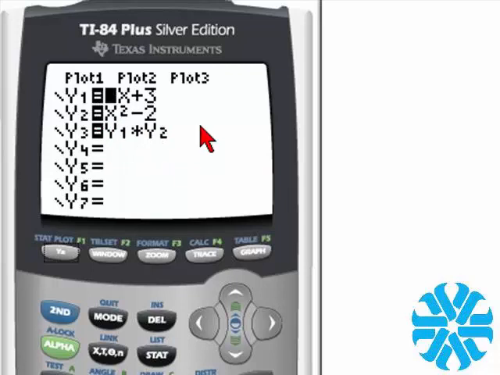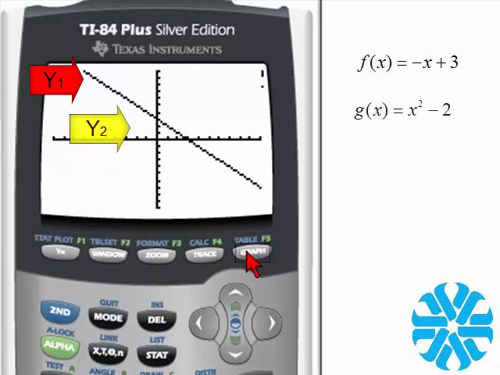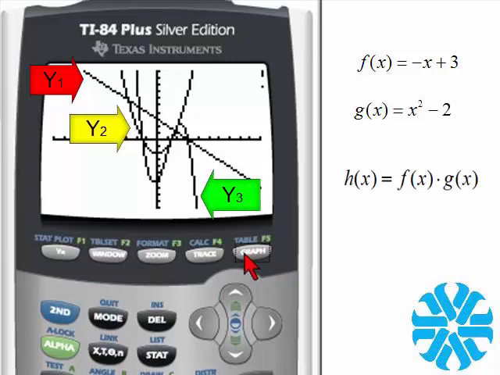Well, if you can kind of imagine in your head, if you're taking the product of this function and this function, you know our highest degree is going to be 3. When you multiply minus x and x squared, you're going to get something cubed. Okay, so this product is going to be a cubic function. So if we go ahead and go to the graph button, there's our linear function, here's the parabola, and then we have our cubic function.